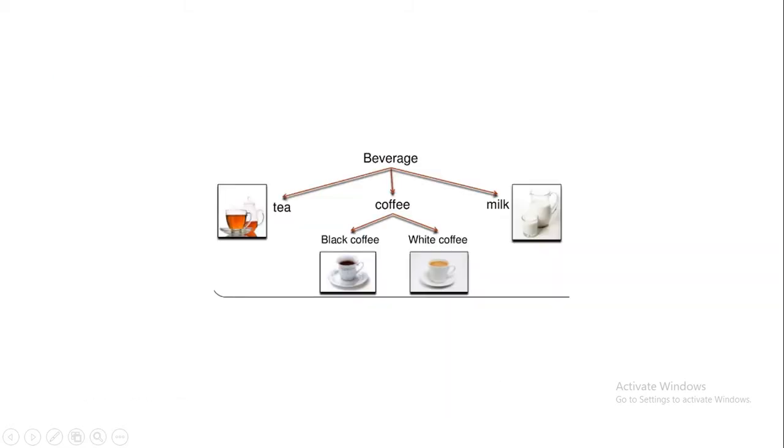The word beverage or kinds of drinks can also be regarded as a superordinate term, which can include tea, coffee, and milk. These are hyponyms. And at the same time, the word coffee could be treated as a superordinate term, including two hyponyms, which are black coffee and white coffee.